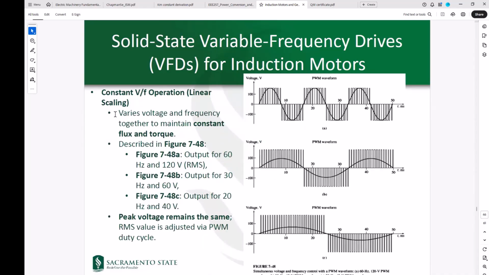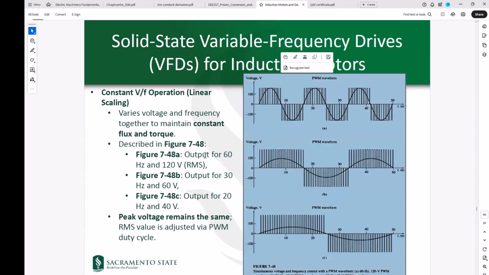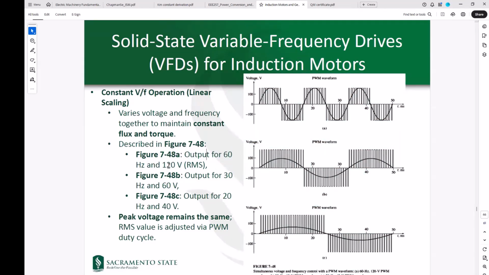And now here we have constant V/F, which is changing both the frequency and voltage linearly together. Figure 7-48A is outputting 60 hertz and 120 volts. Figure 7-48B is outputting 30 hertz, 60 volts. Figure 7-48C is outputting 20 hertz and 40 volts.